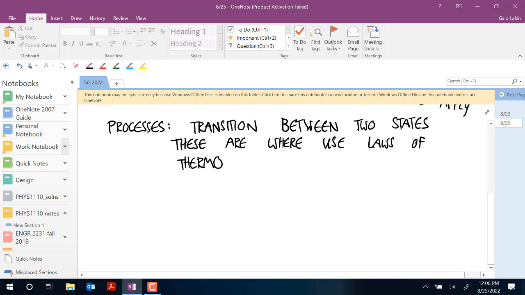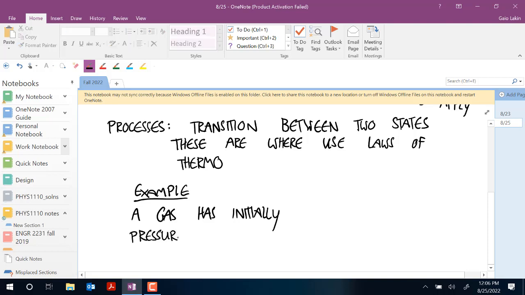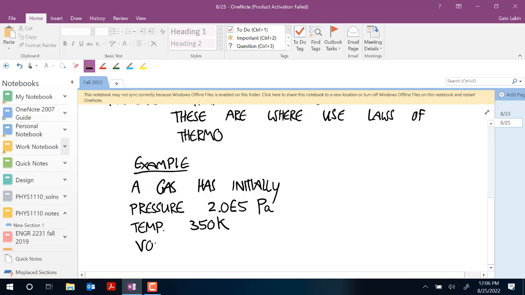Okay, so for example, let's say that a gas initially has a pressure of 2.0 times 10 to the 5th pascals, a temperature of 350 Kelvin, and a volume of 0.6 cubic meters.